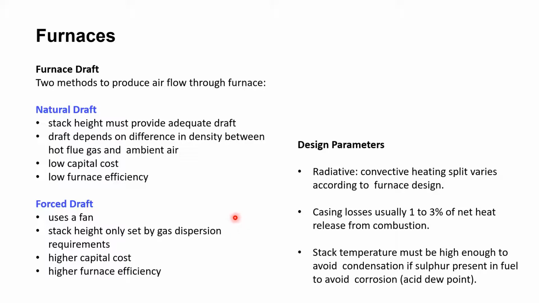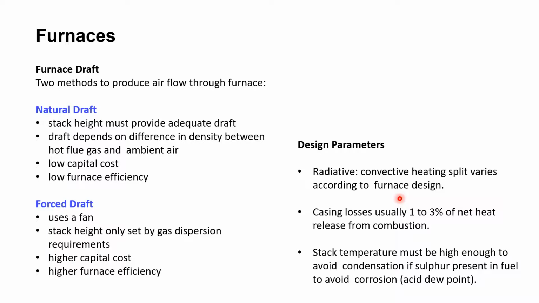When designing a furnace, there are a few design parameters that need to be considered. The first one is the radiative and convective heating split, which varies according to the furnace design, like the sizing of the combustion chamber.